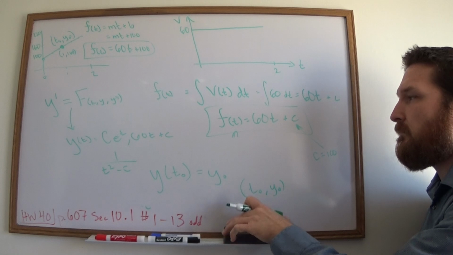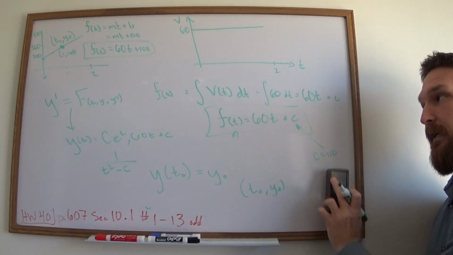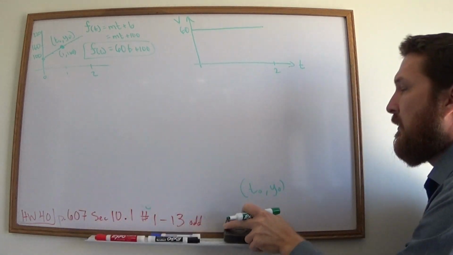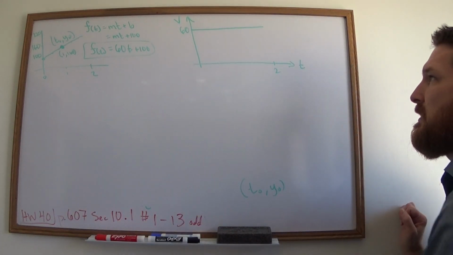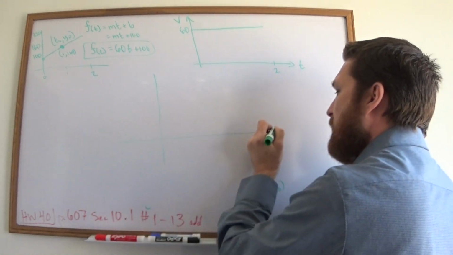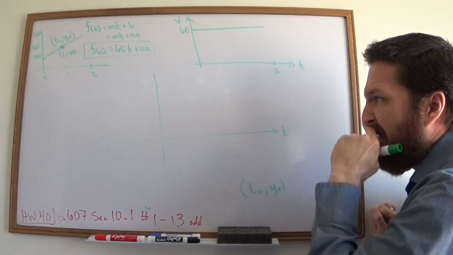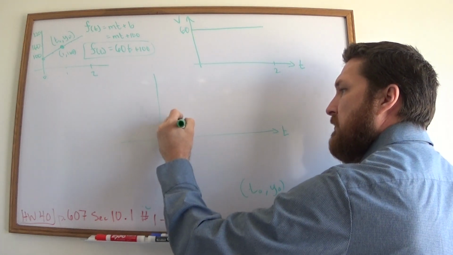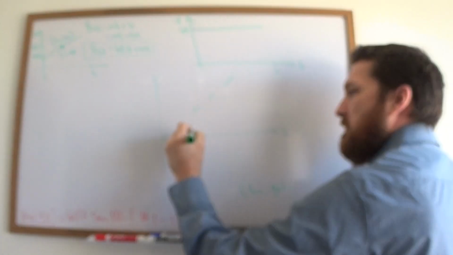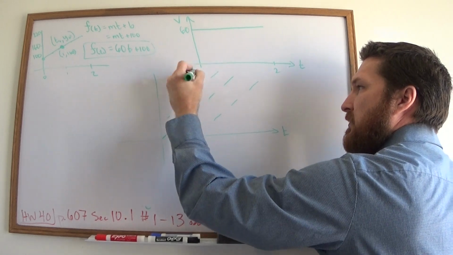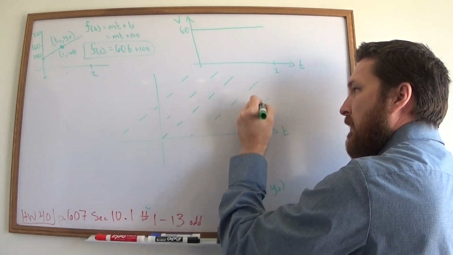Another way of looking at all of this is to say, Victor looked at this and said, well, I know what my solution's going to look like. It's always going to have a slope of 60 no matter where I am. So it's always going to look like this. My function is going to have a slope of 60.